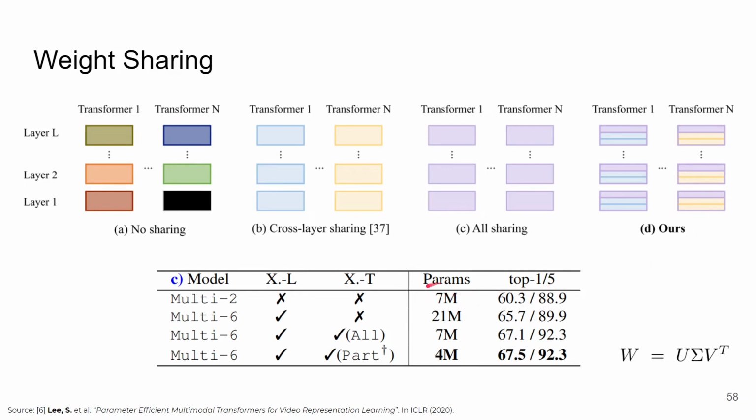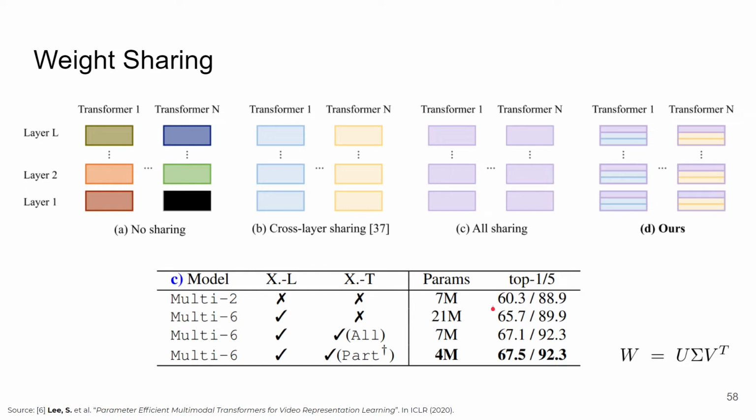So you can see here that they start off with only 2 layers, not sharing at all, and already 7 million parameters. Then they go up to 21 million parameters, because now they have 6 layers, and each modality has its own weights. Now from here we're going to go down. When everything shares parameters, they only have 7 million parameters again, but the results keep improving.